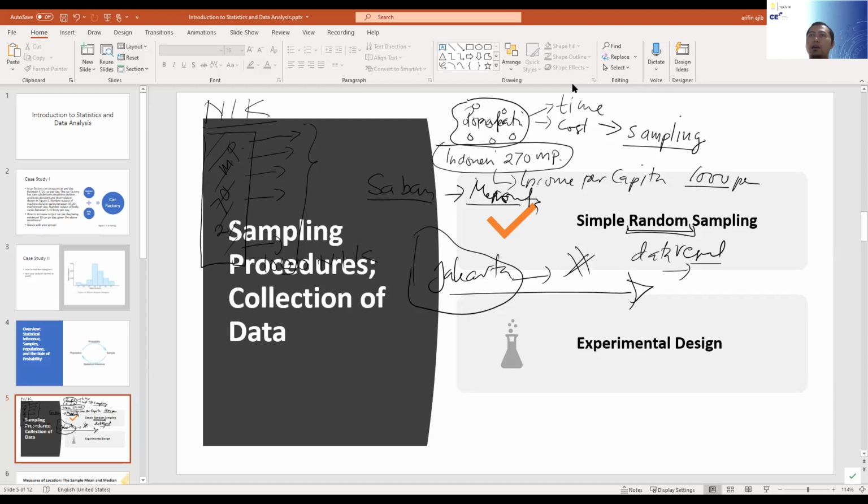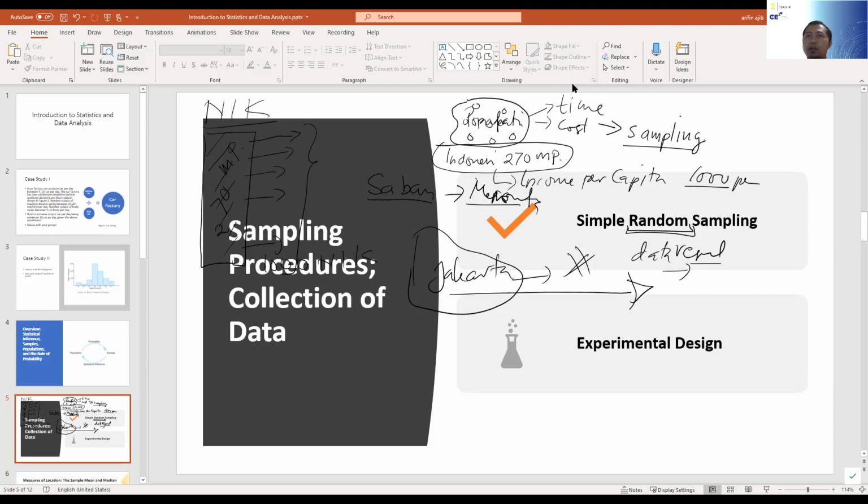That's that kind of randomness. In another sample, maybe the pattern of the income per capita in Indonesia is really different.